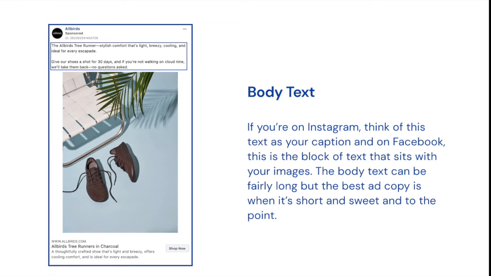On Instagram, it's going to look like the caption, similar to any other normal Instagram image. One recommendation that we do have is if you're utilizing Facebook and Instagram stories, it can be useful to place some small text on the image itself to help reinforce your call to action. When you get into the story placements, the text starts to look a little bit different.